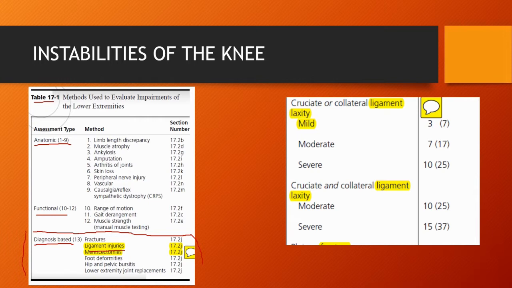See, the AMA guides require that when we have a lower extremity case, we assess the examinee for every single one of these impairments, every single one of the anatomic impairments, every single one of the functional impairments, and every single one of the diagnosis-based impairments.